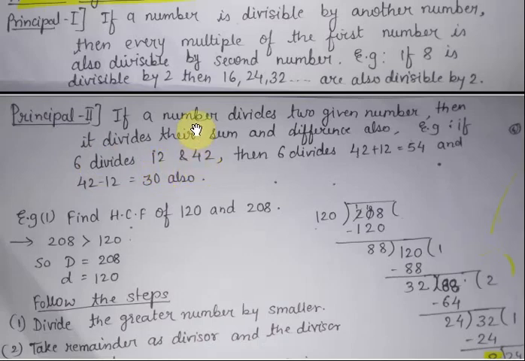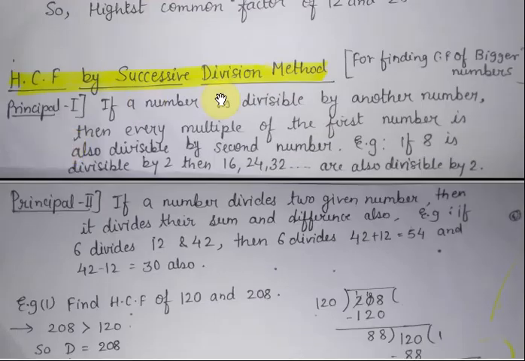Then the sum of these two numbers should also be divisible by 6, and the difference should also be divisible by 6. When we add 42 and 12, we get 54, which is divisible by 6, yes. And the difference, 42 minus 12, is 30, which is also divisible by 6. These two principles are used to find HCF by the successive division method.